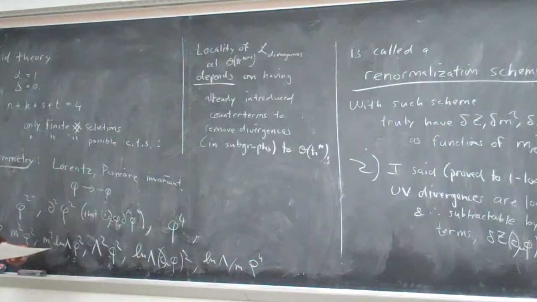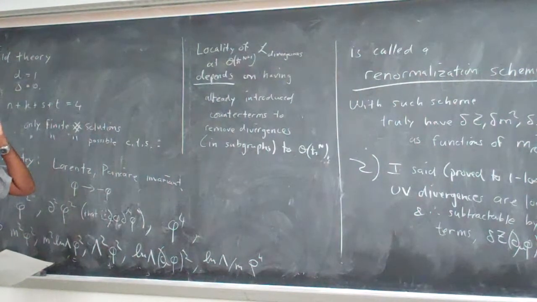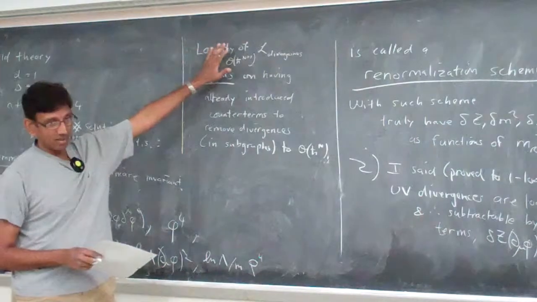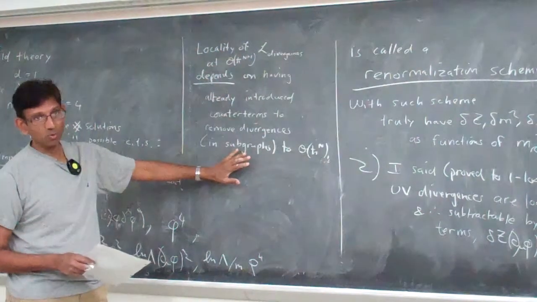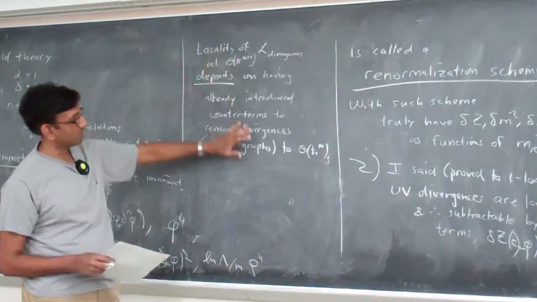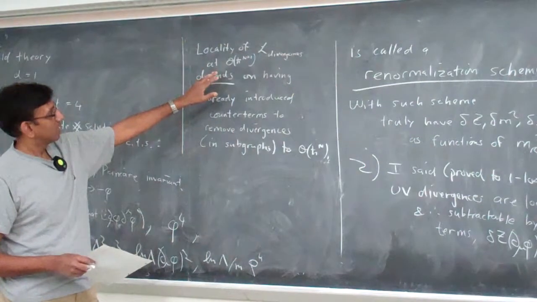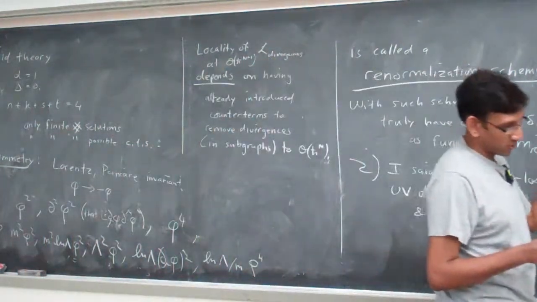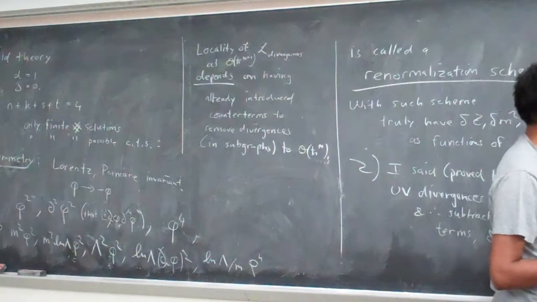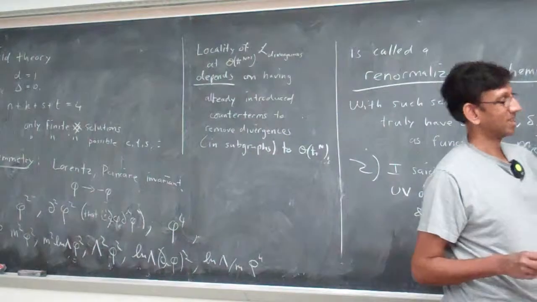You can read a little bit more about it in the text, but basically, this is not very much content in one loop, but at the multi-loop level, you're doing 2 loops or 3 loops. I claimed that the basic insight that divergences are local even at higher loop level, beyond what I actually proved, is true.